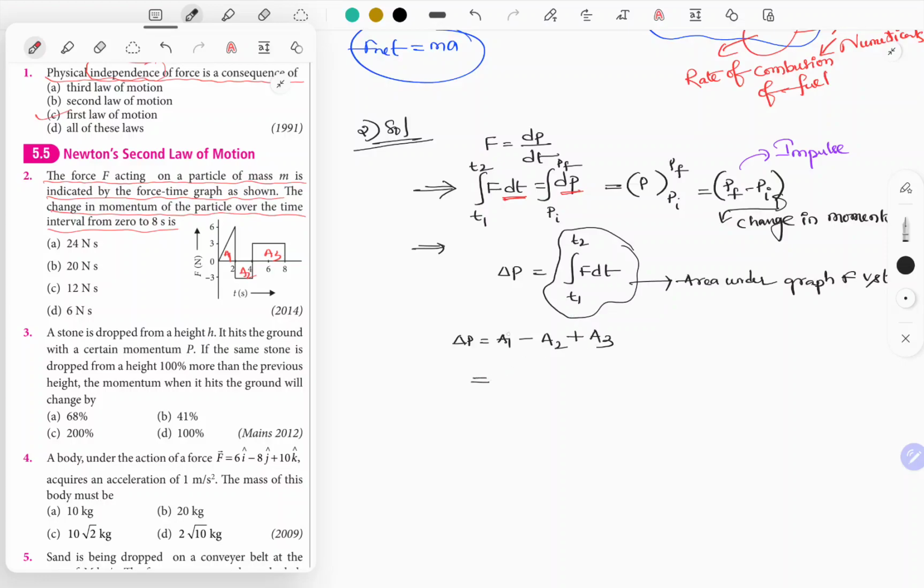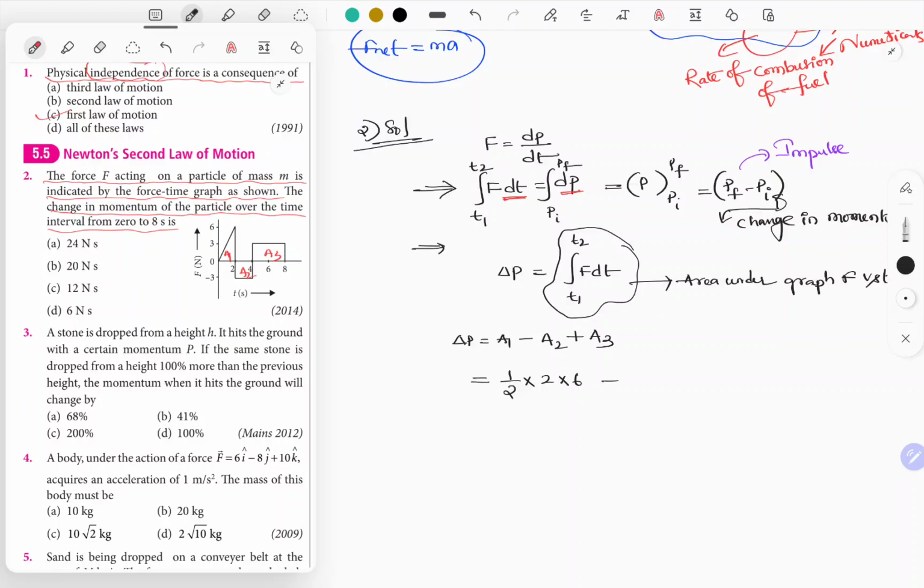So what is the positive area? 1 by 2. What's the value of the base? 0 to 2, the difference is 2. Height is going to be 6, minus the A2 area. You just observe only the sides, because I have already represented the minus here. If you represent minus again, you are going to get the wrong answer. Don't do that.